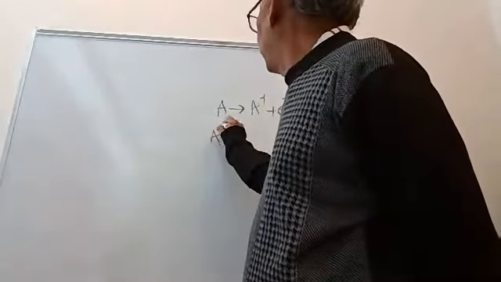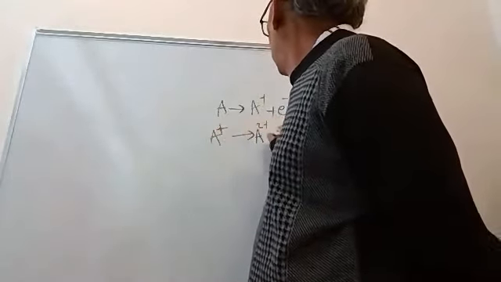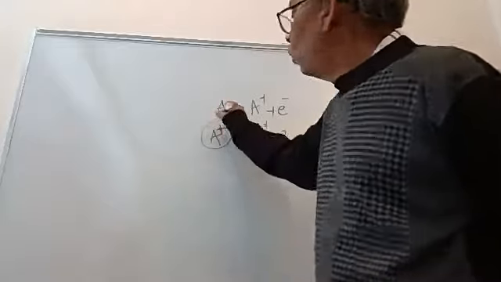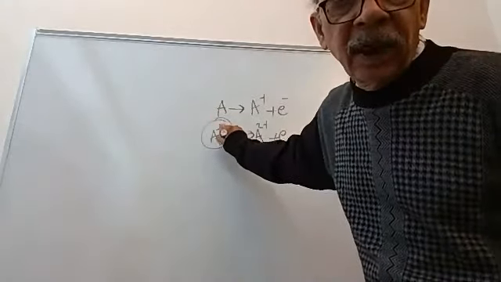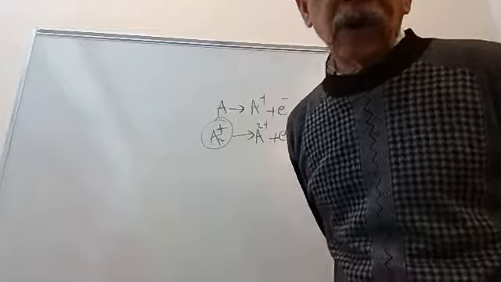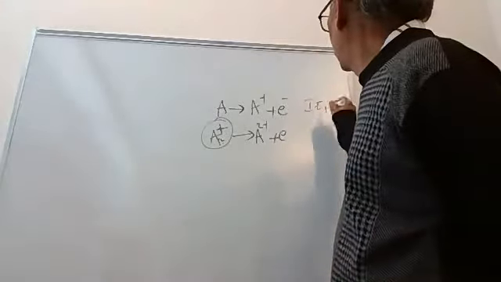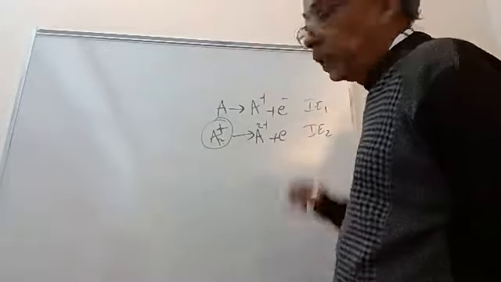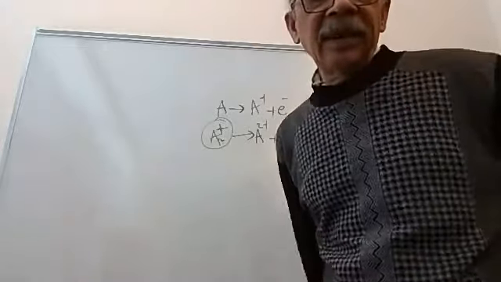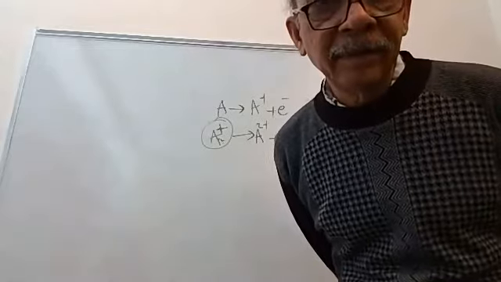When you are removing the second electron, now you are removing an electron from a species that's already positively charged, so it's going to be difficult. So IE1 is always smaller, IE2 is bigger, IE3 is even bigger, IE4 is even bigger.